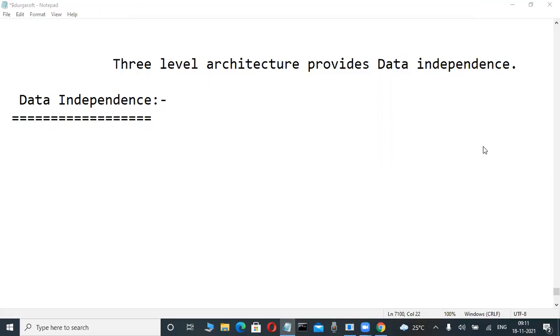So, write it quickly. Data independence.